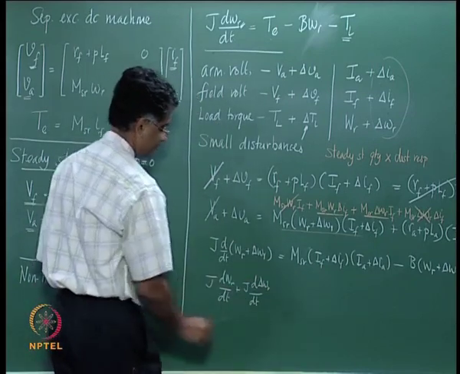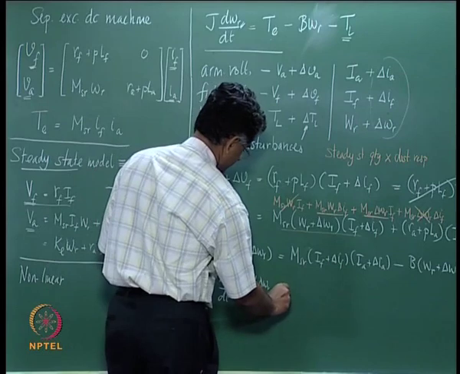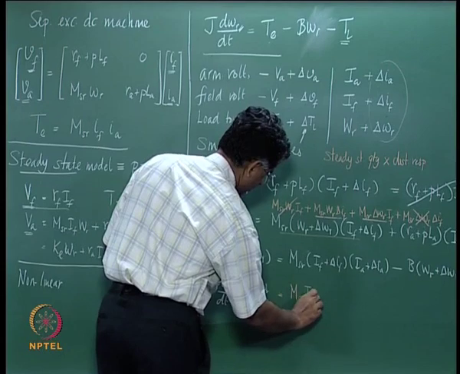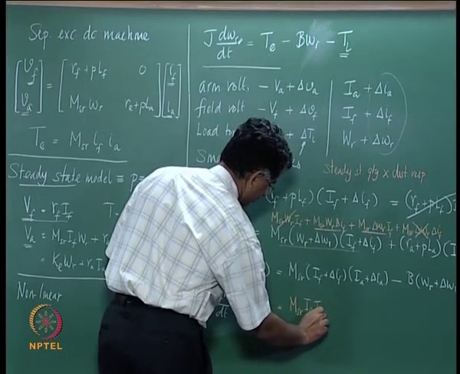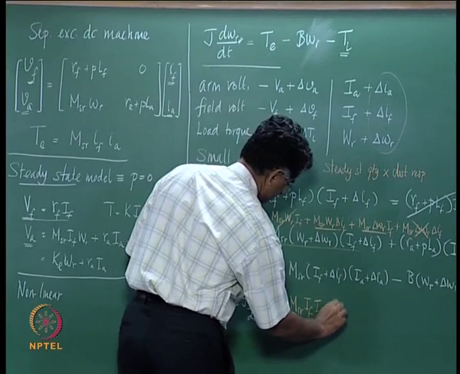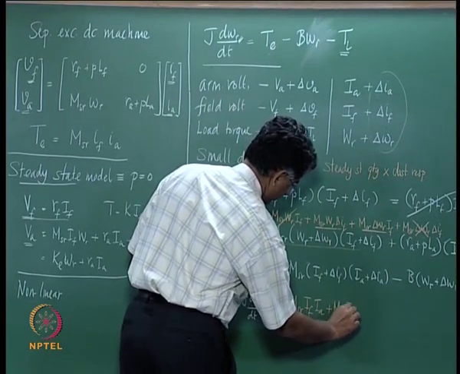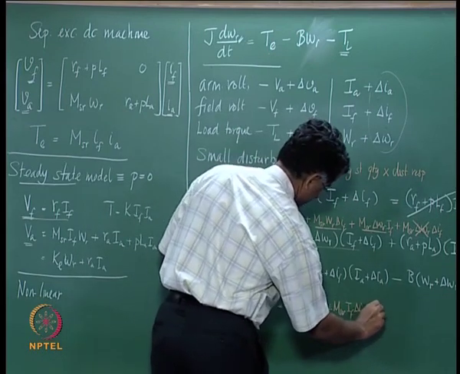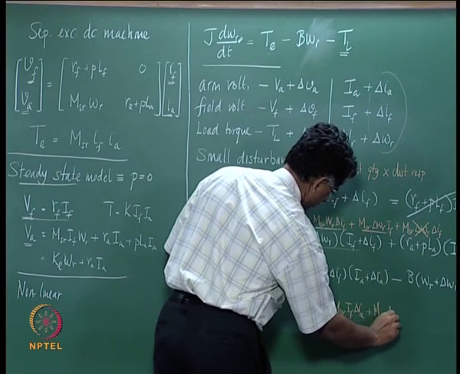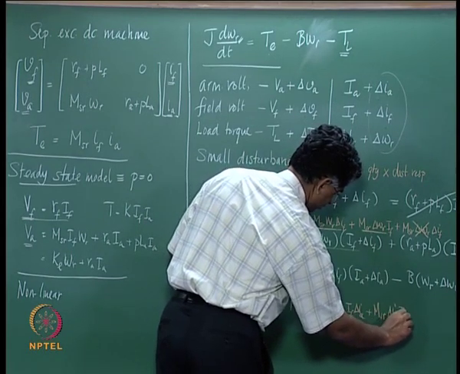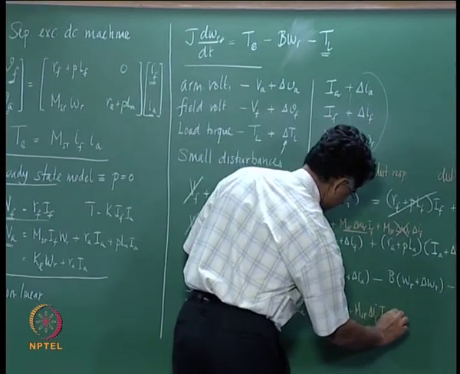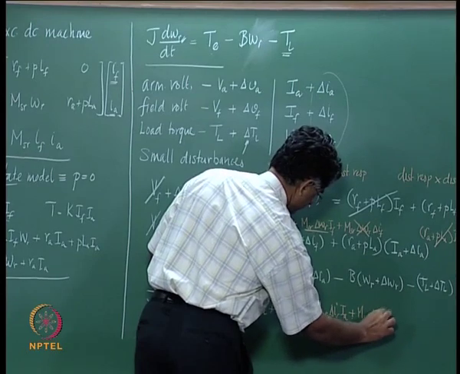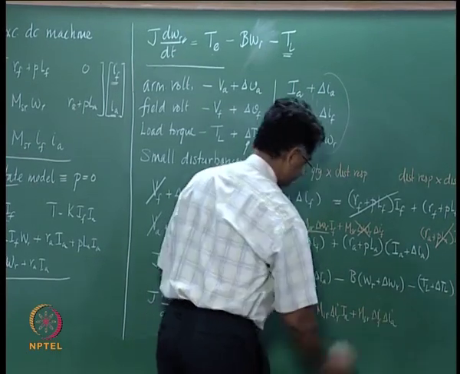On the right hand side this can be written as MSR into capital IF multiplied by capital IA plus MSR multiplied by capital IF into delta IA plus MSR multiplied by delta IF into capital IA plus MSR multiplied by delta IF into delta IA.